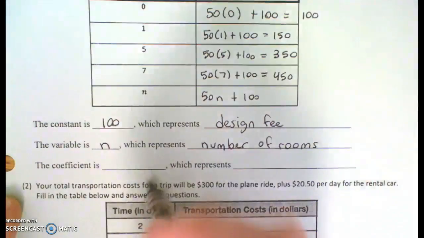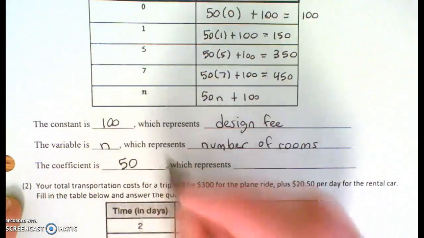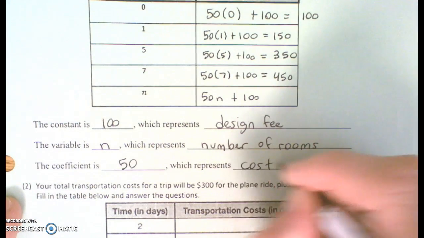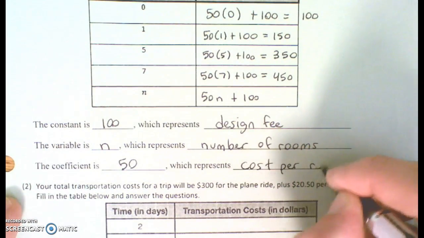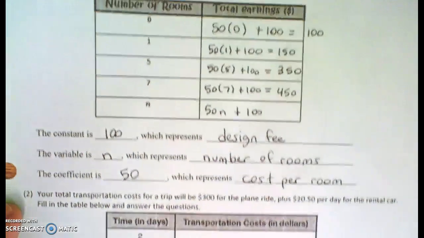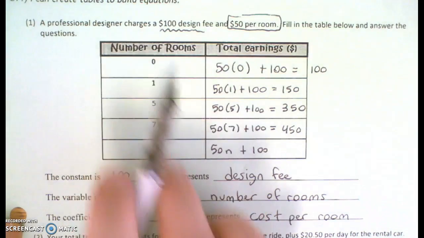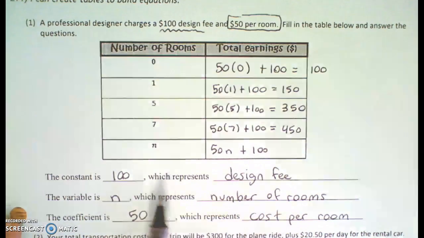And the coefficient of the variable is 50, which represents the cost per room. So we have our problem, we translate it into a table, and then we're interpreting the pieces of our table so it makes sense to us.